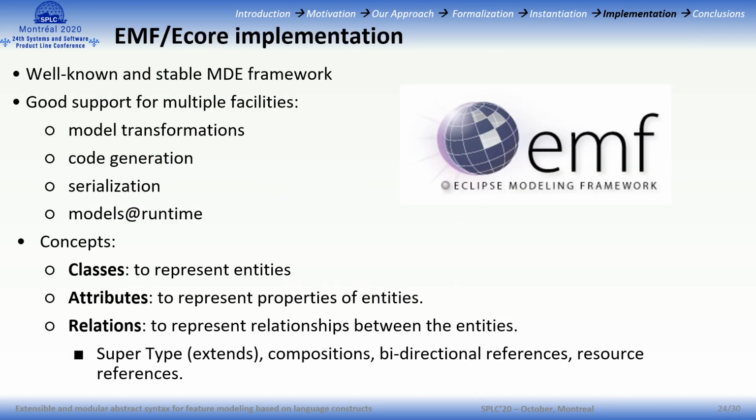We implement our approach using Ecore metamodels. We chose the Eclipse Modeling Framework because it's a well-known and stable model-driven framework, providing good support for model transformation, code generation, serialization, models at runtime, and also because it directly implements all the concepts that we use in our approach to define the language constructs, such as classes, attributes, and relations.